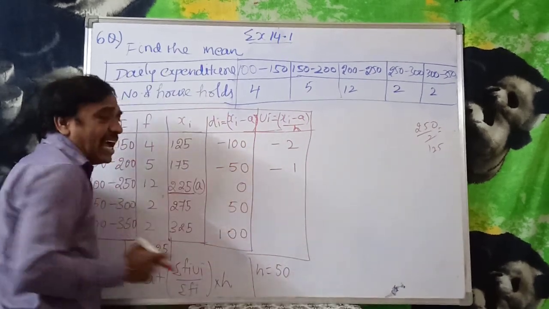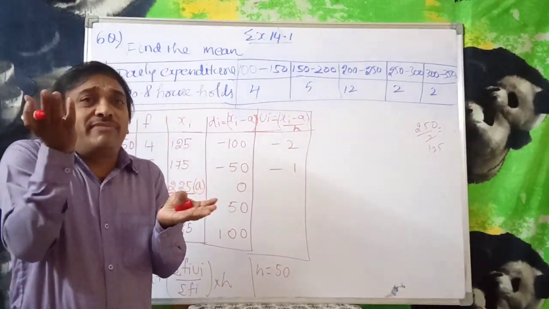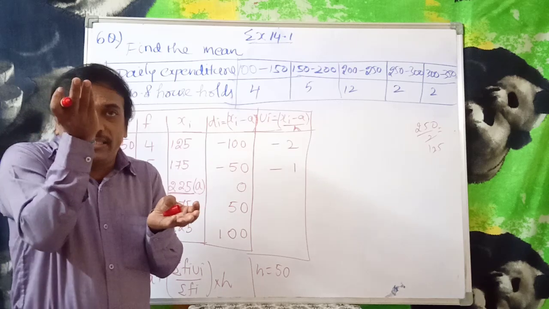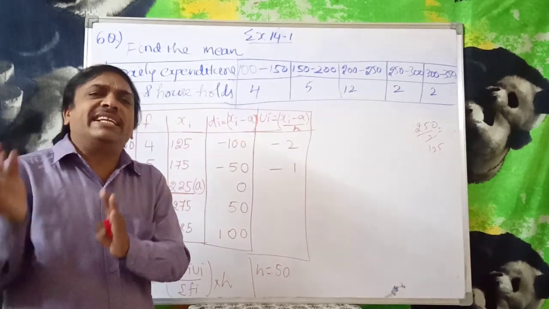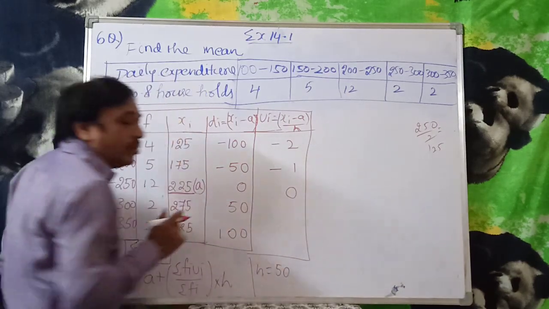0 by 50, as we know, nothing is there to divide. 0 by any number is 0.